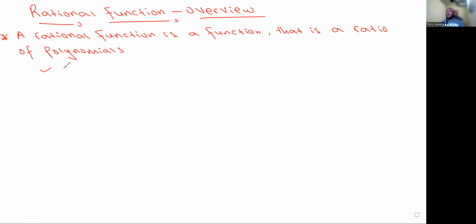So basically, we mean that it's any function of one variable x. A ratio of one variable x is called a rational function.